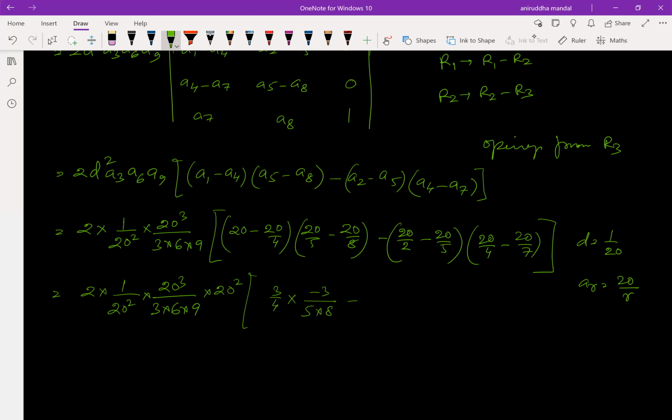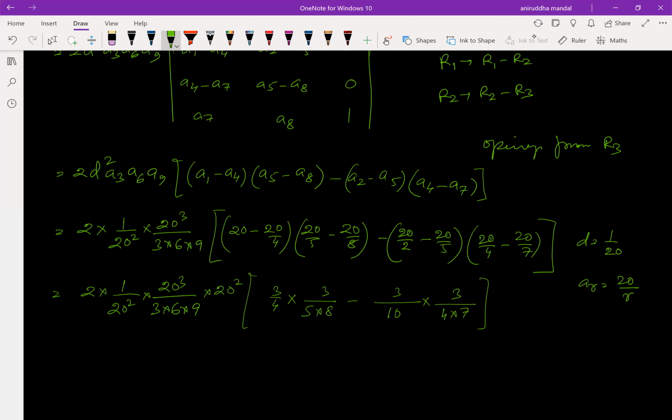Now this is 1 by 2 minus 1 by 5 means 10, and here it is plus 3, sorry, and this is also plus 3. Yes, 8 minus 5. And now this is 4 into 7, and this is 3.